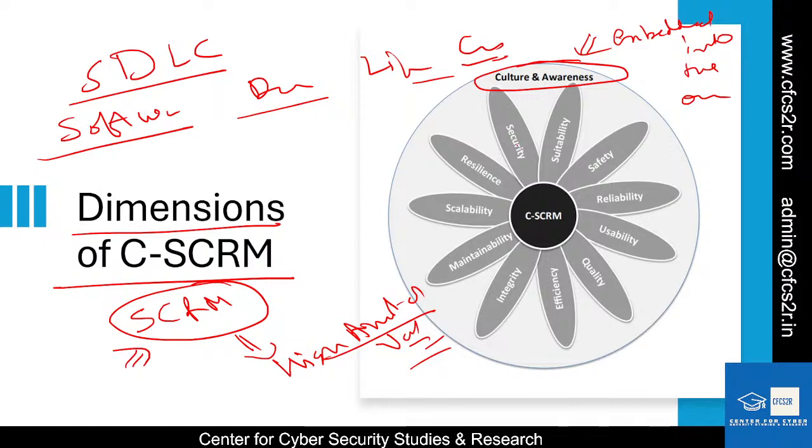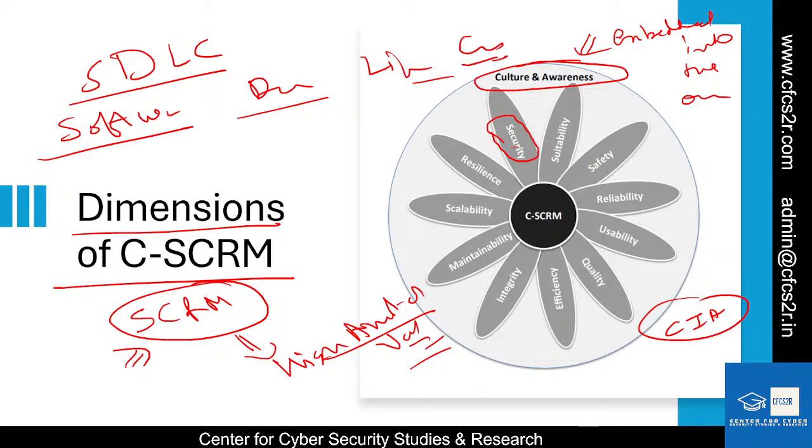Secondly, we have security. So what is security? Security provides the CIA. We have talked about the CIA triad. CIA is a very important part, and in NIST SP 816 there is a separate standard focusing on the CIA part, that is confidentiality, integrity, availability.